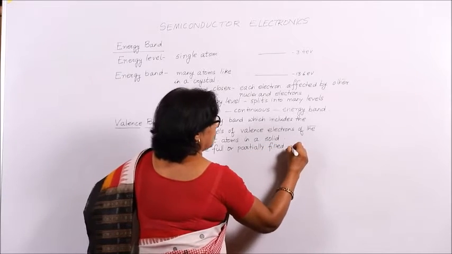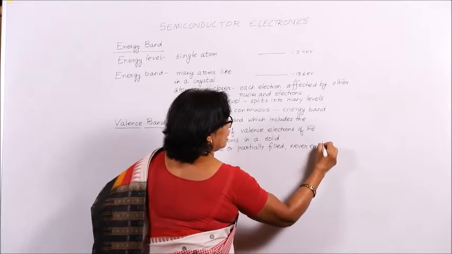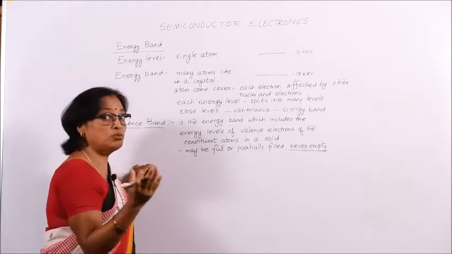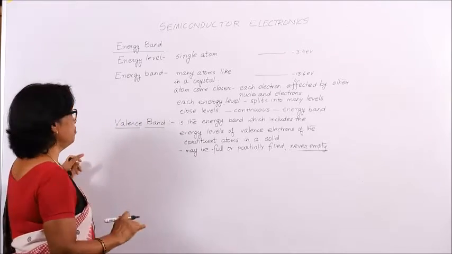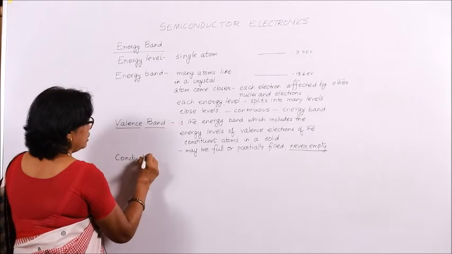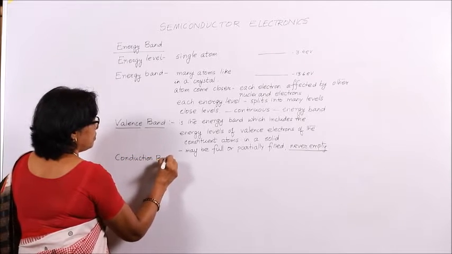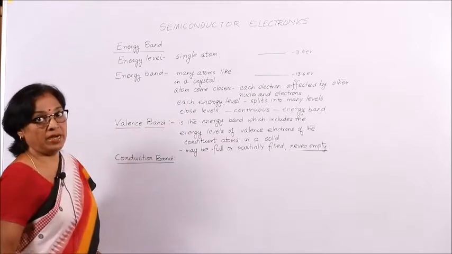It is never empty, because it contains the outermost electrons of the constituent atoms. The conduction band, however, is the band of energy which lies just above the valence band, the next band.